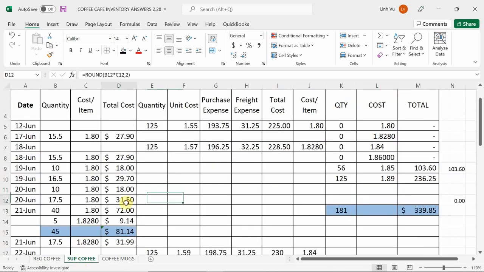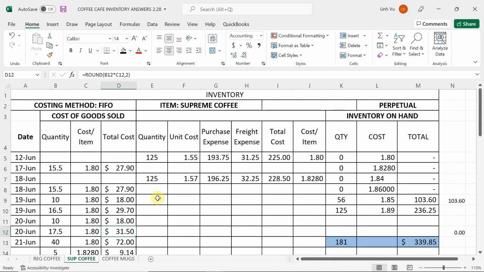Now, what about my Supreme coffee? In this case, my batch of inventory for the invoice number 315 was my very first batch of coffees. So in this case, I've already sold my coffee. How do I adjust my coffee if I've already sold it?